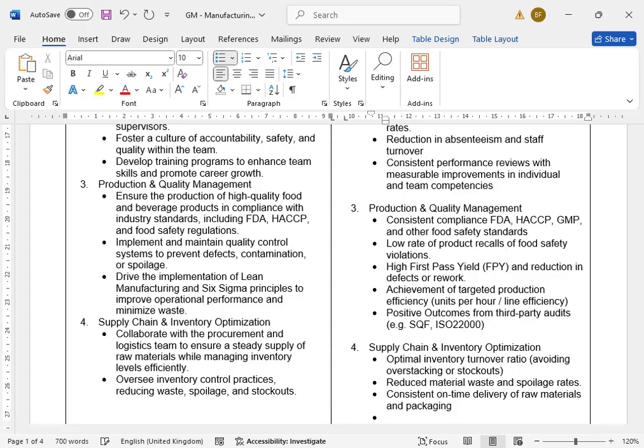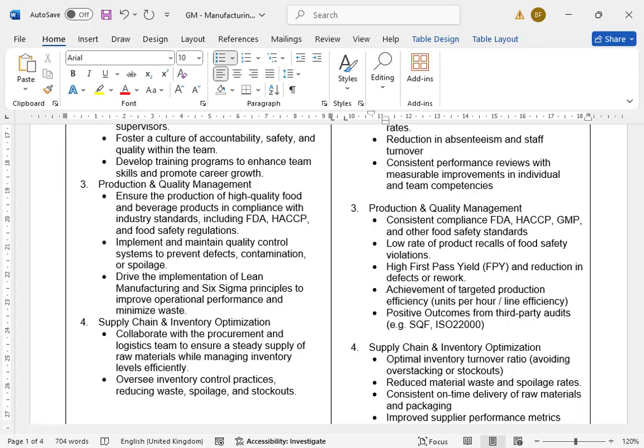Okay. Another one, improved supplier performance metrics. So you also have to measure the performance of your supplier, especially your accredited supplier.